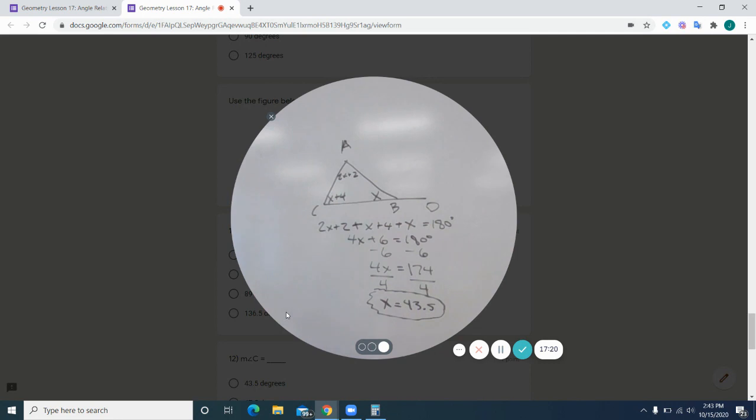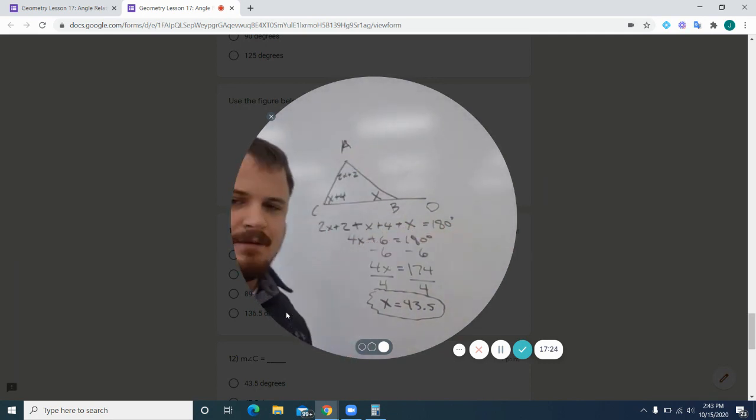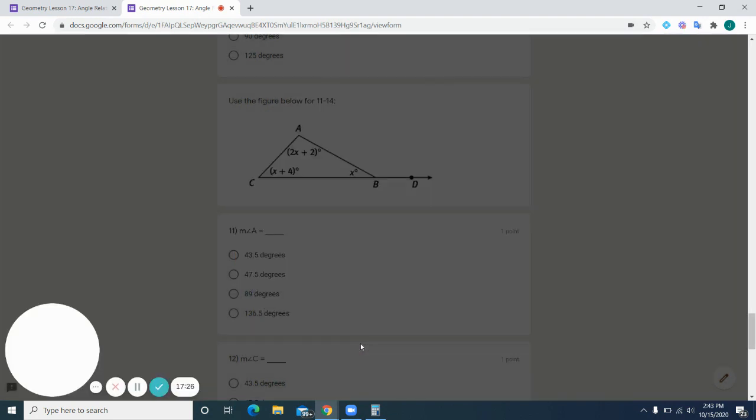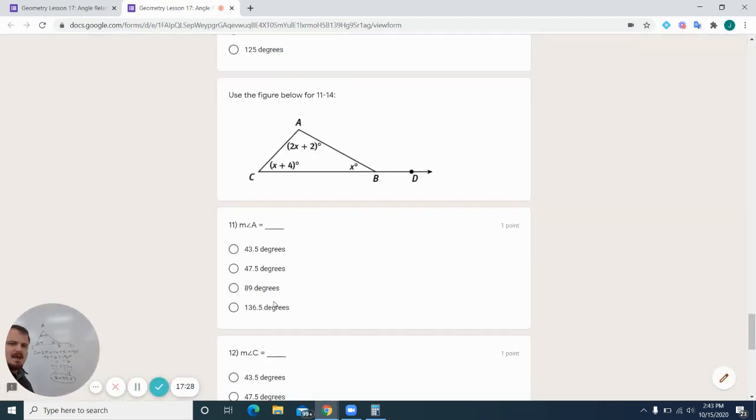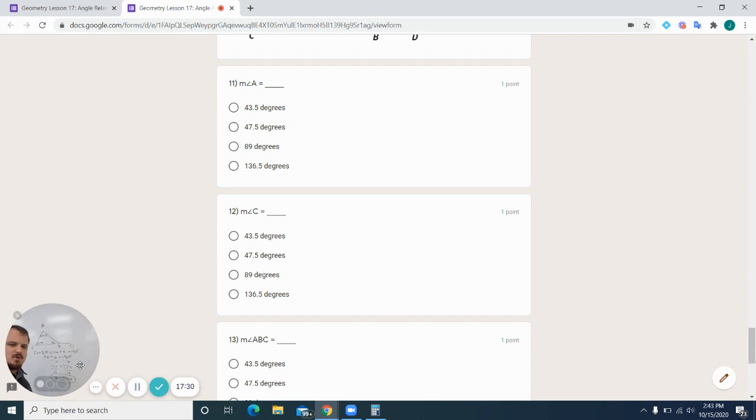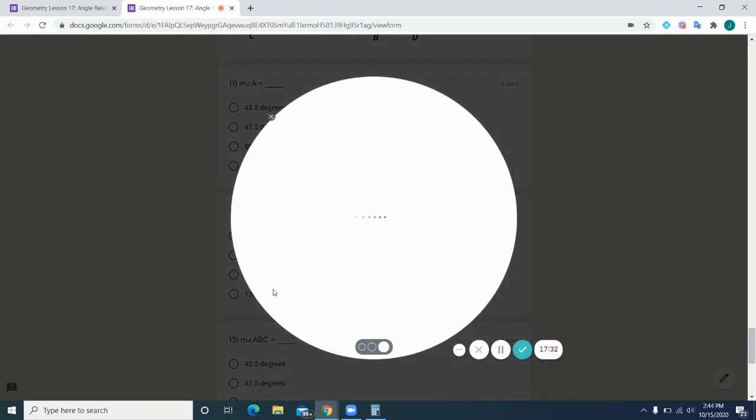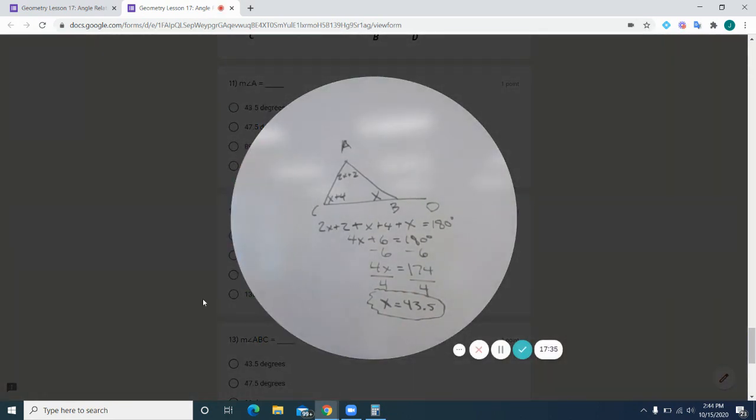So now let's keep that in mind, and we're going to use that to figure out angle A, angle C, and then angle ABD. The first thing we need to figure out is angle A, the angle up on top. So x is 43.5, and angle A is 2x plus 2.